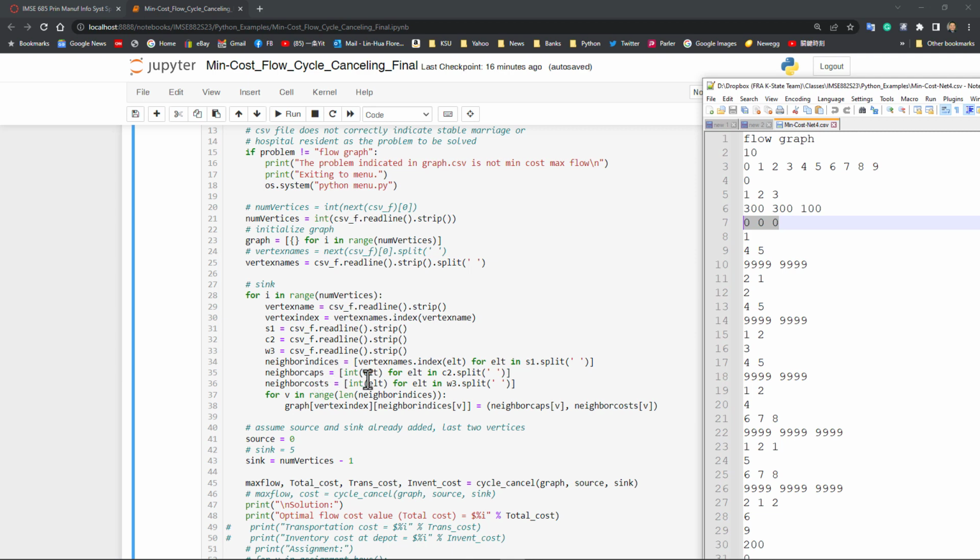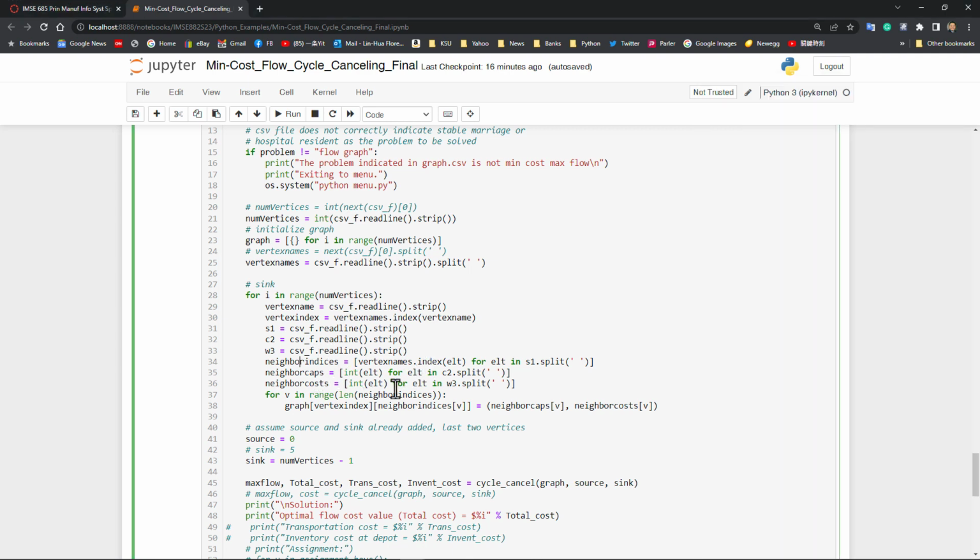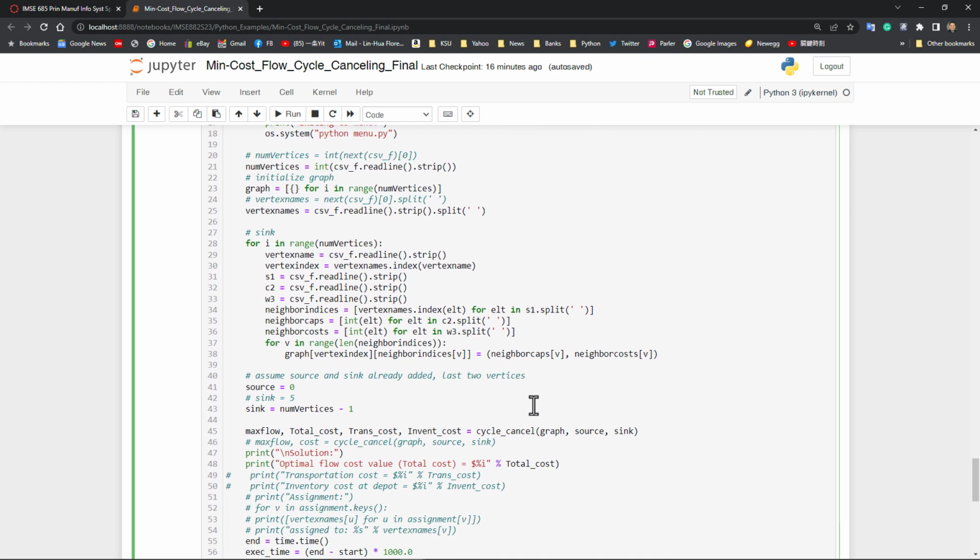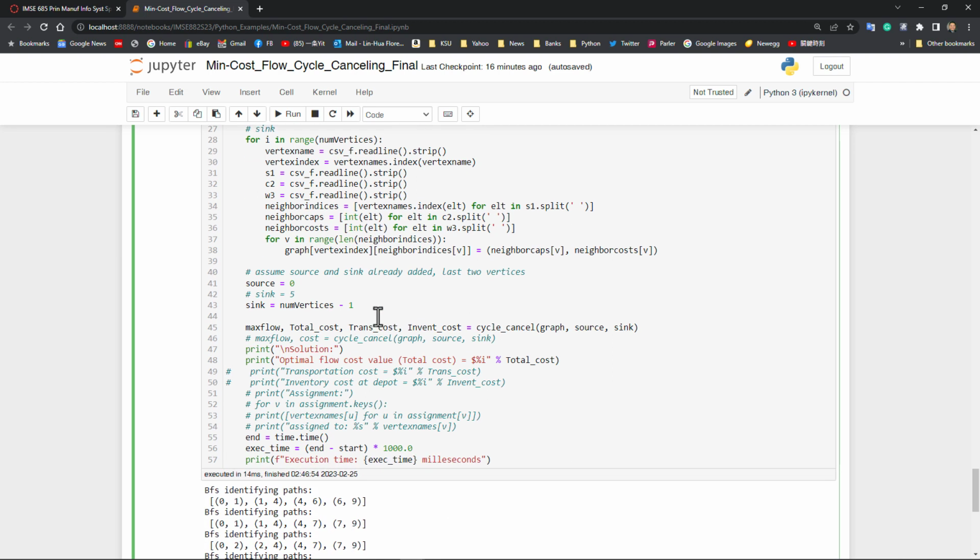Then I'm forming that as a list: neighborhood index, capacity list, and cost list for each source node to each destination node. This is how we're reading the input data from a CSV format. And I have those also uploaded to K-State Canvas, and you should be able to get them there.